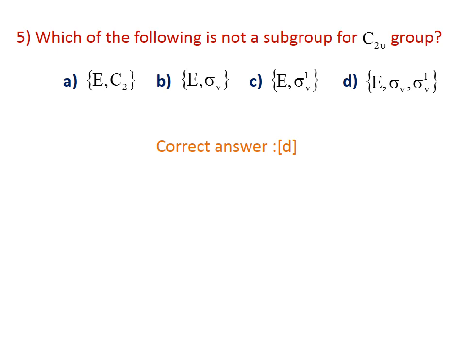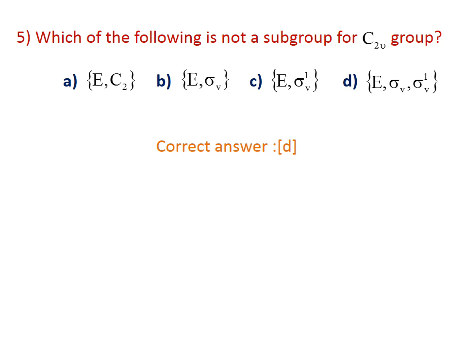Suppose you consider C2v, the order is 4. For the first option A, the order is 2, 4 by 2 will be equal to 2. This is a subgroup. For the second one the order is 2, 4 divided by 2 is also 2. It is a subgroup. For C, the order is 2, then 4 by 2 will be equal to 2 and it is also a subgroup.